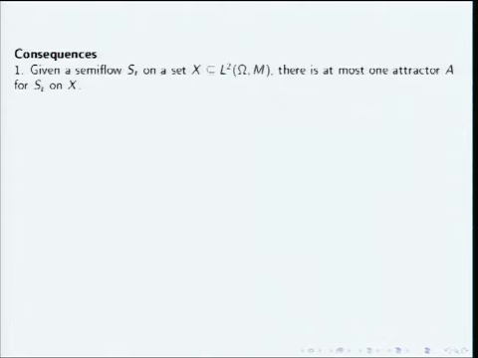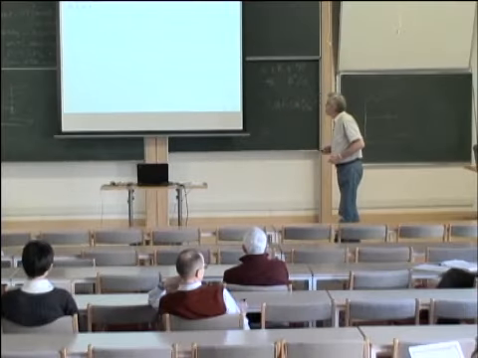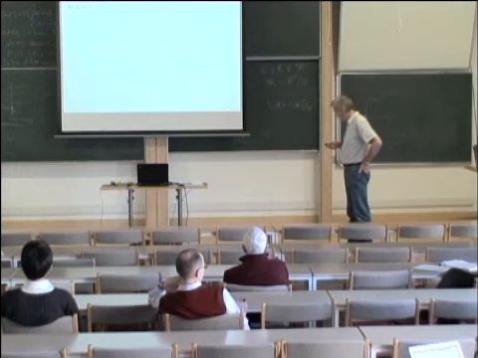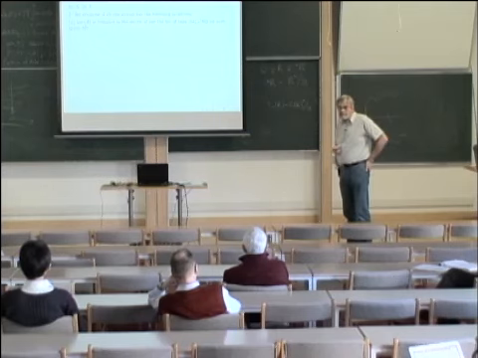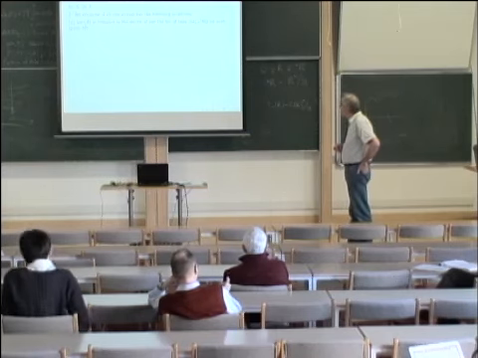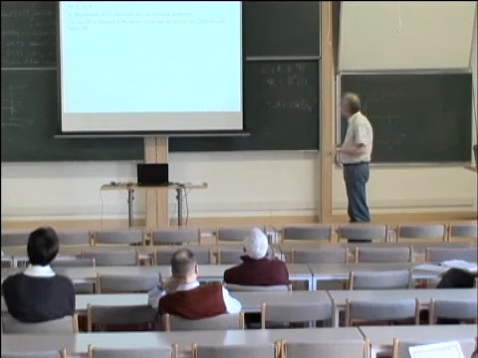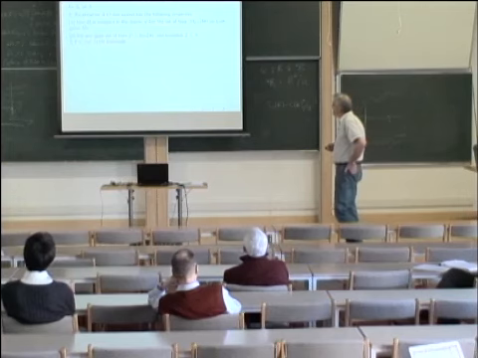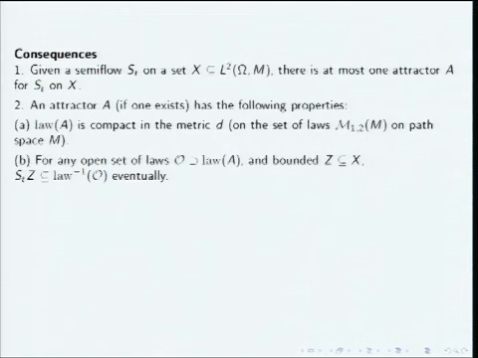Now, if we just go back to the definition itself, it's not hard to show that if there is an attractor, there's only one. And if it exists, then the set of laws is compact in the metric on the path space. And there's an attraction of a bounded set of laws.